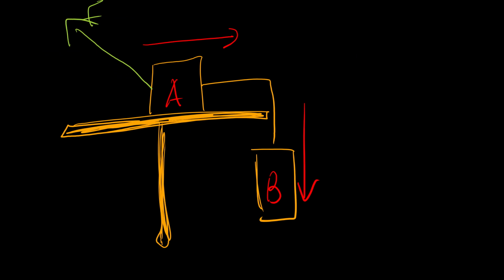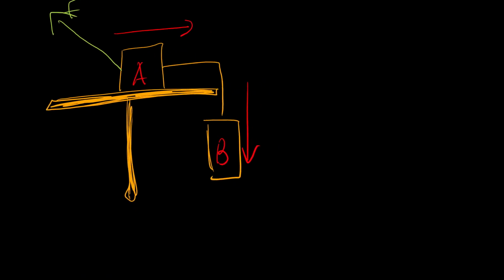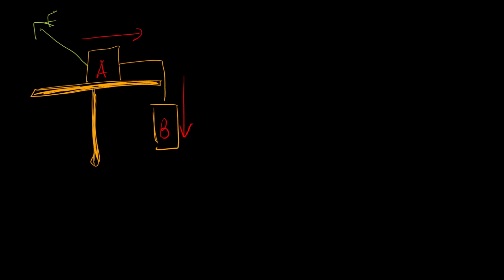Our next example is similar to our previous one, but in this one, the force is applied at a certain direction, and the displacement of the system is not in the direction of that force applied. So what is the free body diagram?